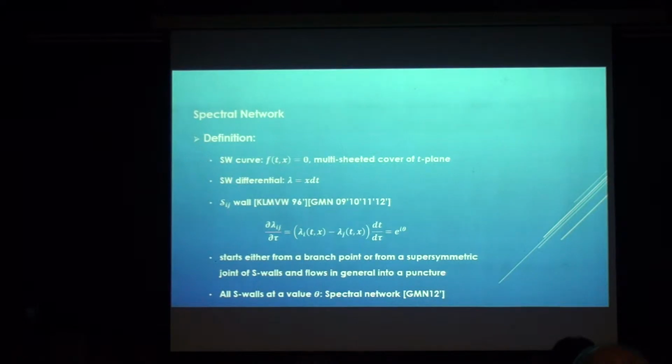Does theta also carry double indices, or is it uniform? No, theta is just one parameter here. On the left hand side, you have the ij information. So the S-wall has ij information, and theta is uniform with respect to ij.